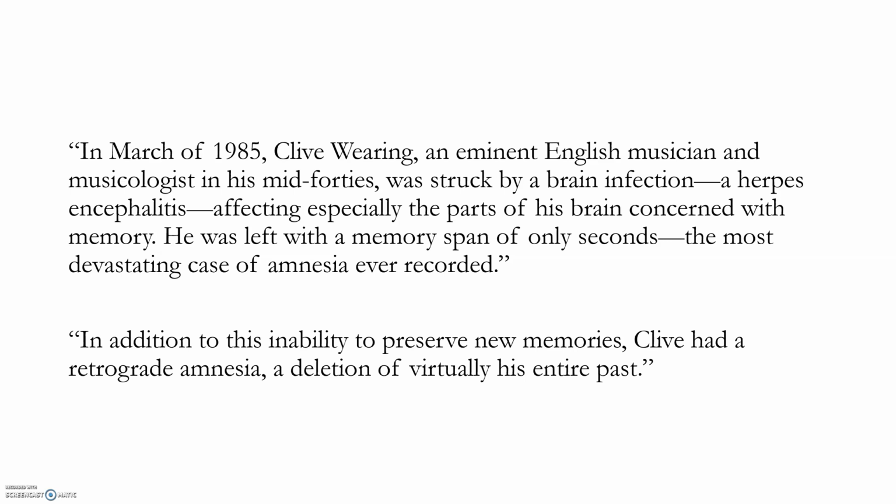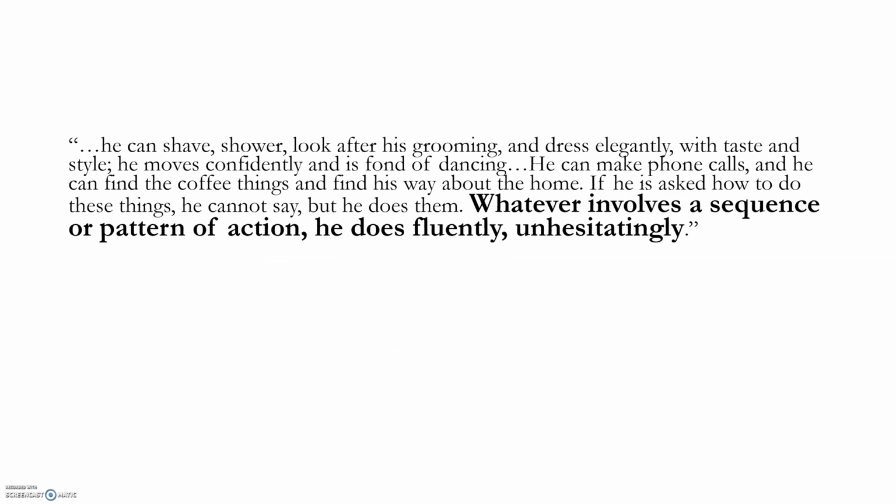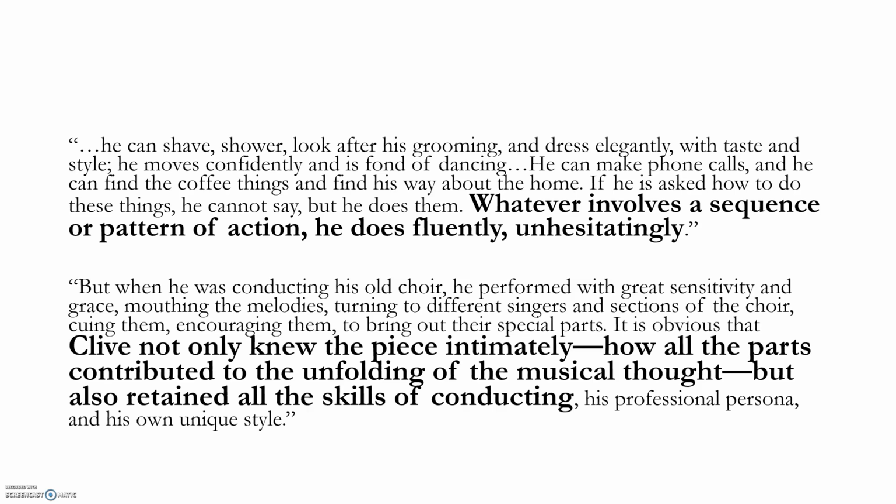So he had two kinds of amnesia, actually. Not only was he not able to form new memories, but he also lost his past. However, he's able to do a lot still. He can shave, shower, take care of himself, and his musical abilities, even conducting music, stayed intact.